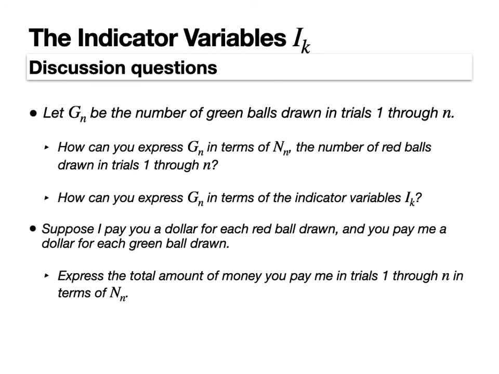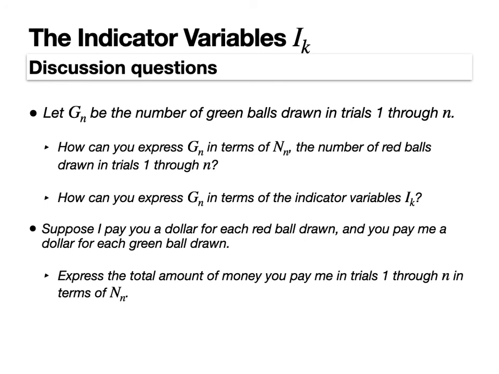The second bullet point proposes a little game in which I pay you $1 for each red ball that's drawn, but you pay me $1 for each green ball that's drawn. Can you express the total amount of money that you pay me in terms of these variables N sub n, or G sub n, or the I sub k's? The answer is yes, you can, and so think that through and find out how you can express the amount of money you pay me in terms of these variables.